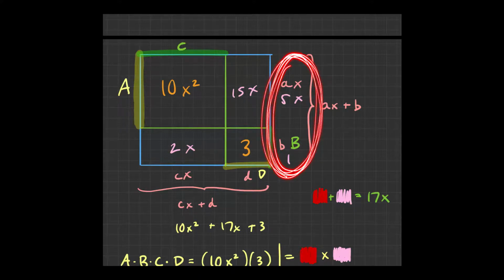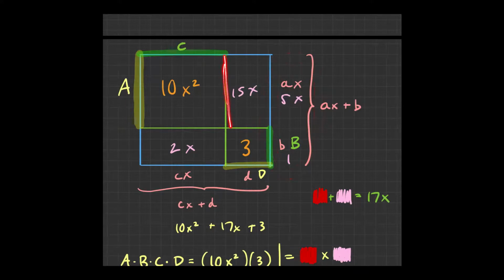Now we could either do the same thing, or if you're not completely satisfied with that, let's try to figure out, if I'm saying that this side is 5x and this whole area is 10x squared, what's this side going to be? Well, if this was 5x and this was 5x, then this area would be 25x squared, right?